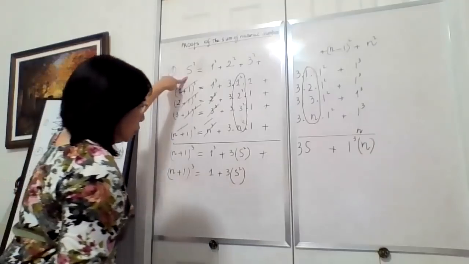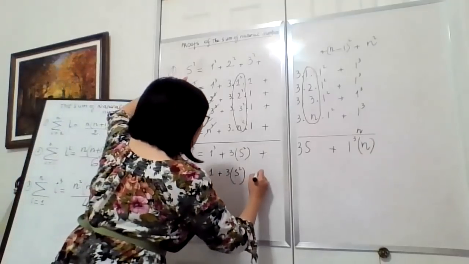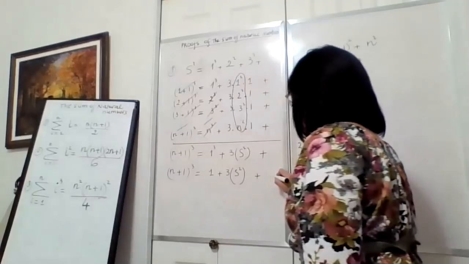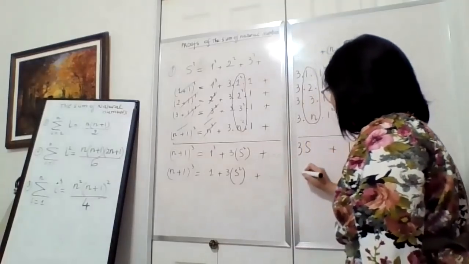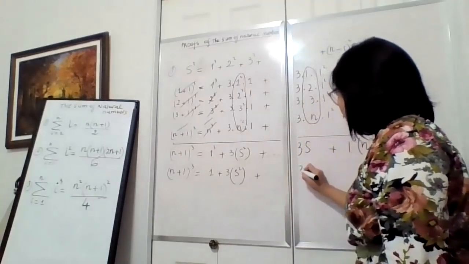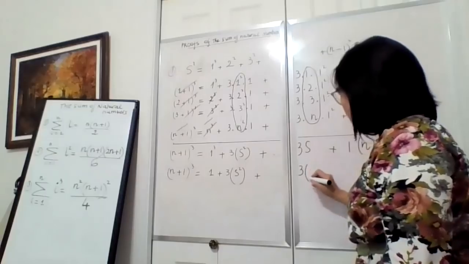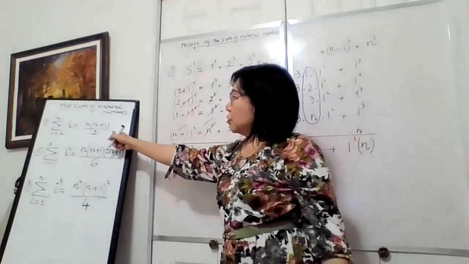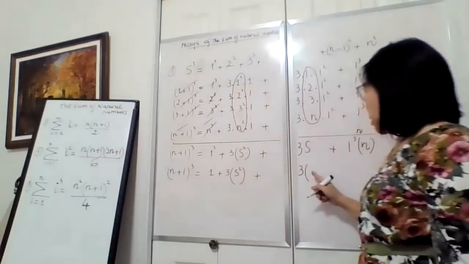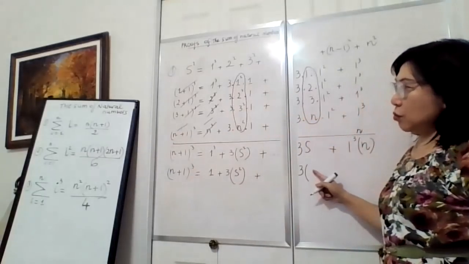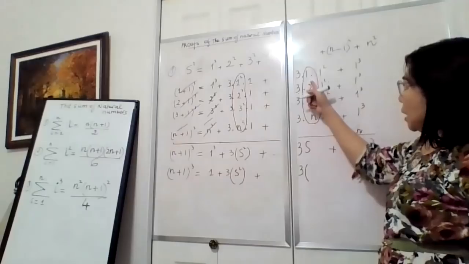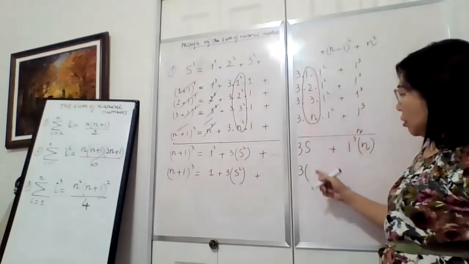Adding with 3. But instead of s, I'm going to substitute by the first root we already know. This is the sum of natural numbers of the first one, right? When we add 1, add 2, add 3, add 4, and so on.